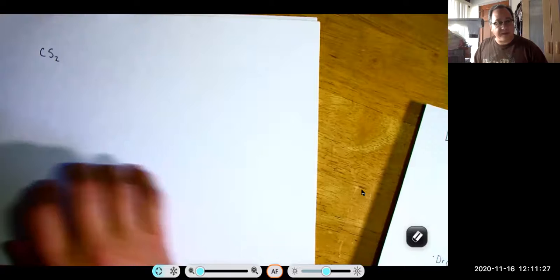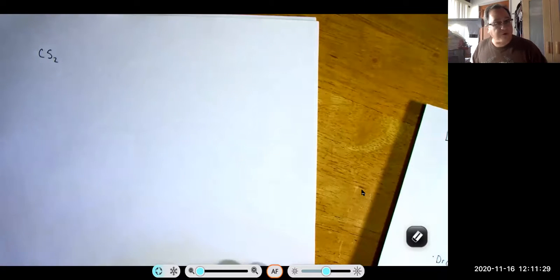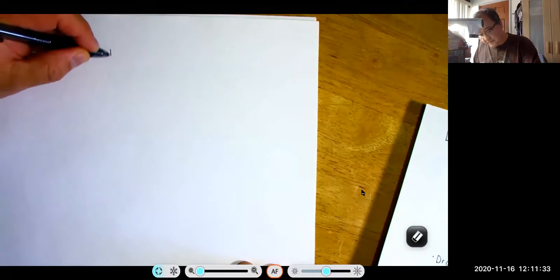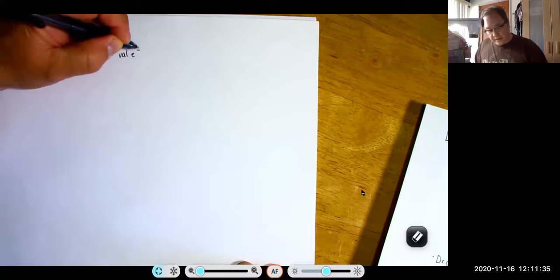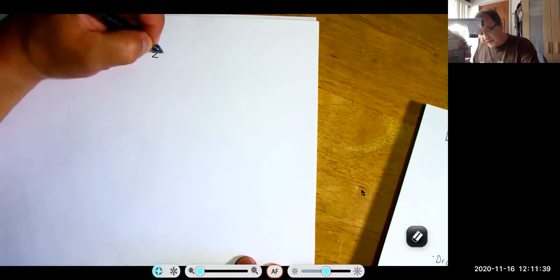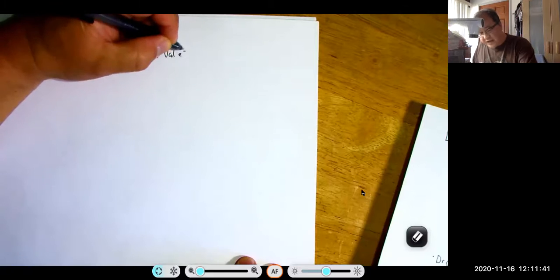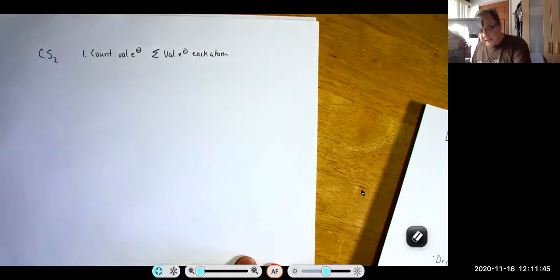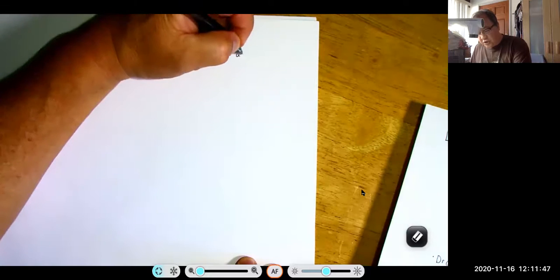And your first step in getting a Lewis structure is to first count valence electrons. And to count valence electrons, you sum the valence electrons of each atom. And then you account for the charge.